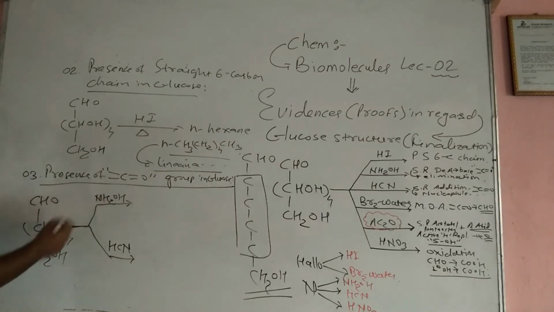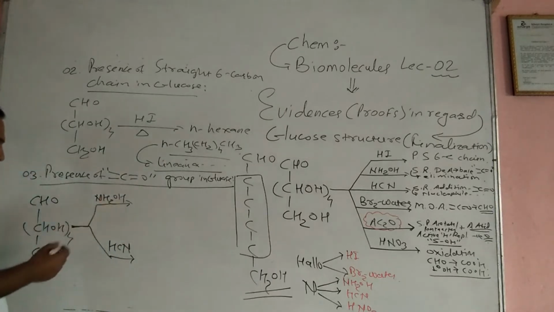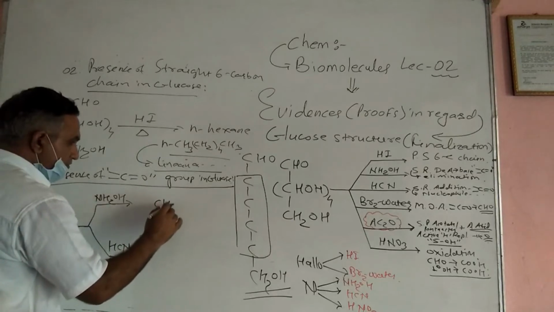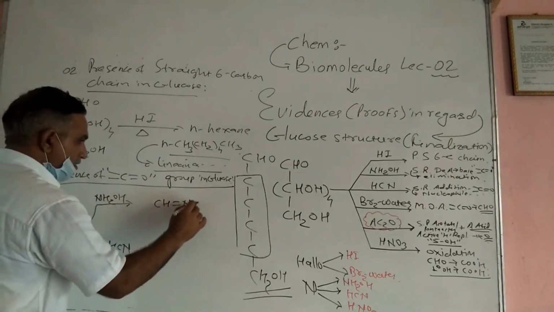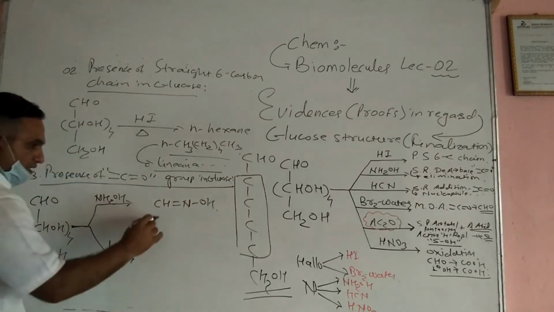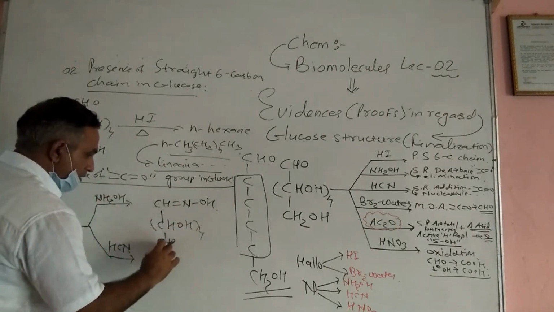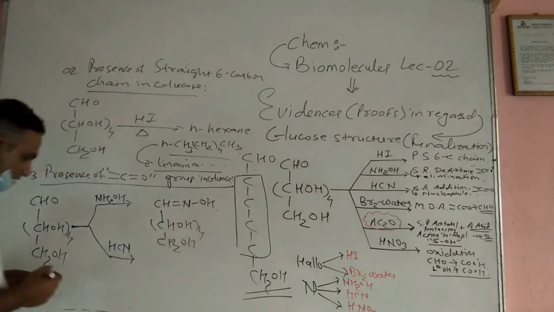This reaction results in the formation of an oxime. So CH double bond NOH, then CHOH four times and CH2OH again as it is.